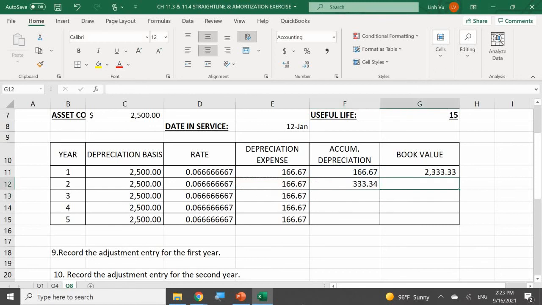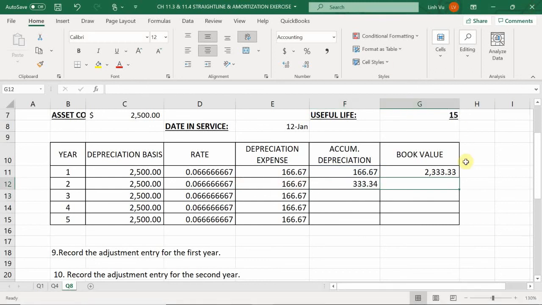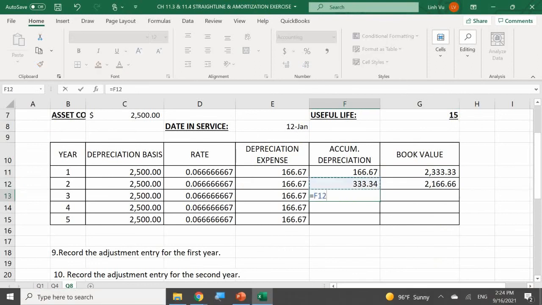Excellent. Which brings my book value to be the cost of the asset, 2,500 minus 333.34, 2,166.66. Good. All right. So then what is going to be my accumulated amortization for the 3rd year?